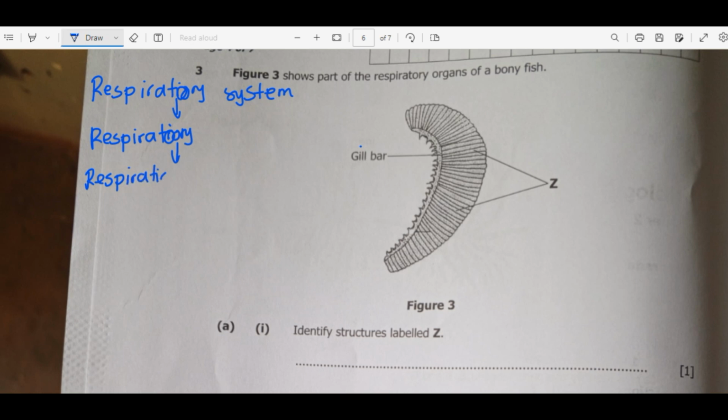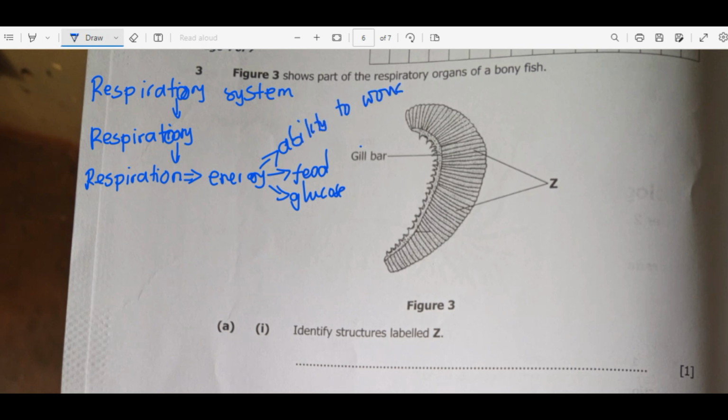Away from the respiratory organs, the key for this question is all about respiration. Now, respiration is not just about the diffusion of gases. Respiration is deeper than that because it has to do with the release of energy from the food that we eat. Glucose gives us the energy. Why do we need energy? According to science, we define energy as the ability to do work.